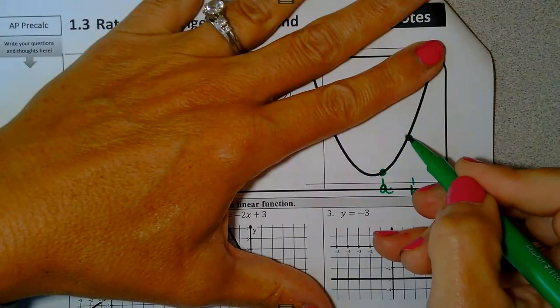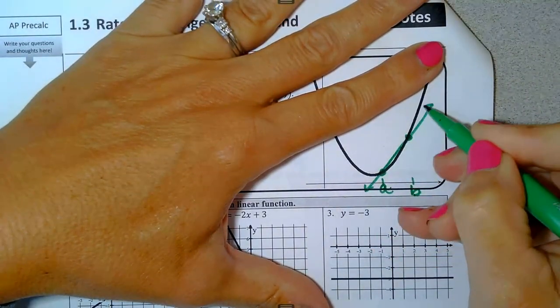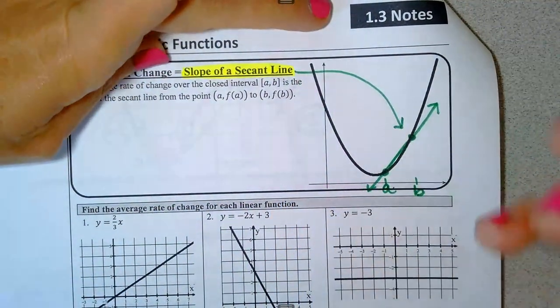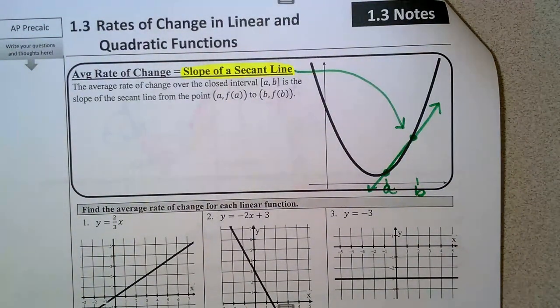And then if I draw a line between them, that is a secant line. It's simply a line between 2 points on a graph. Okay?